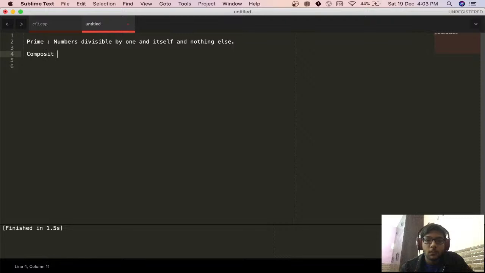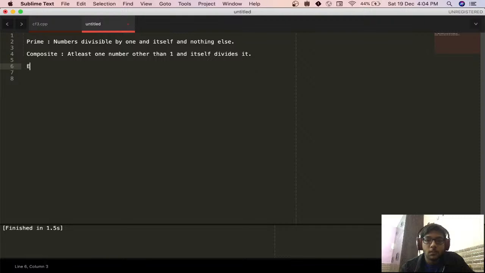These are composite numbers. What are those? They have at least one number other than 1 and itself that divides it. For prime numbers, we have only 1 and itself dividing it. For composite numbers, we have at least one other number that divides the number apart from 1 and itself.